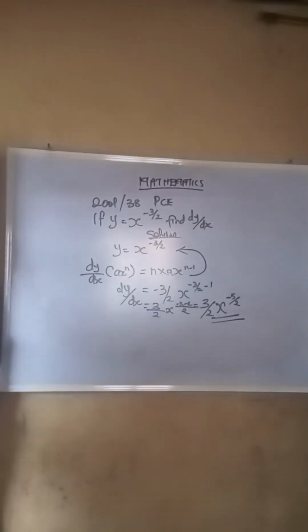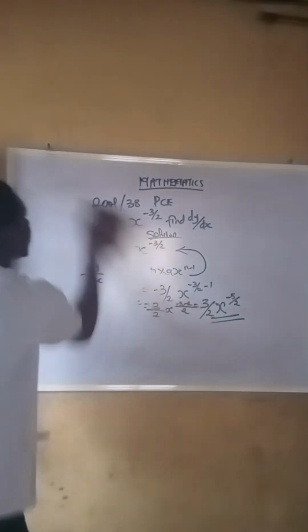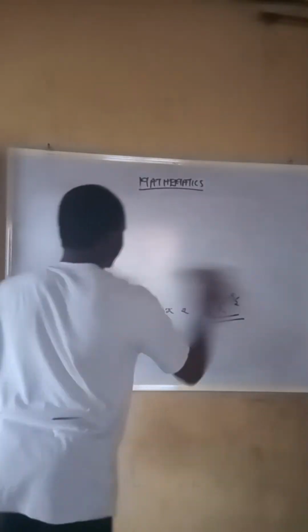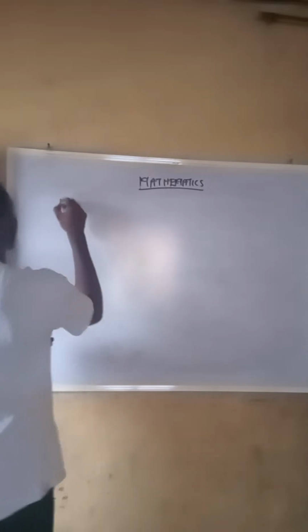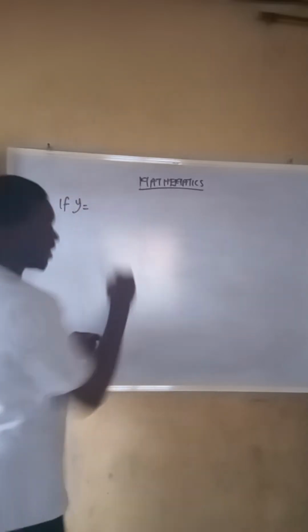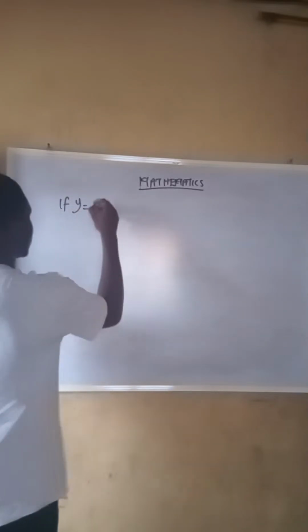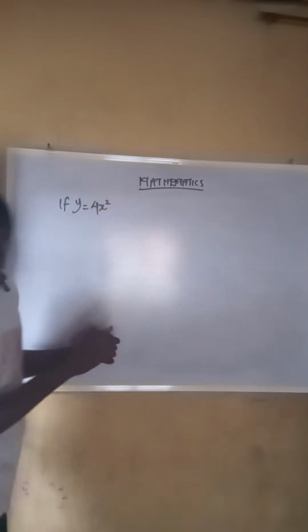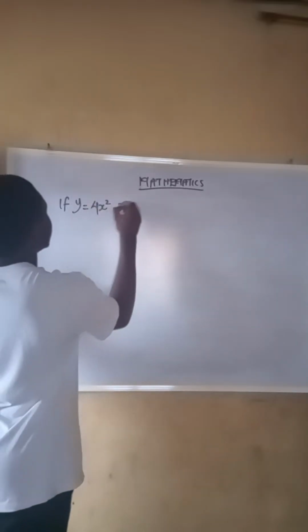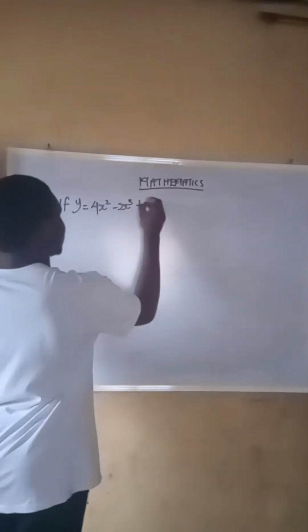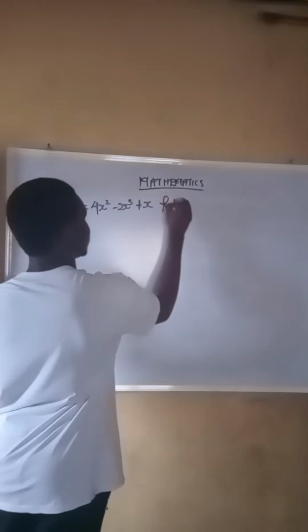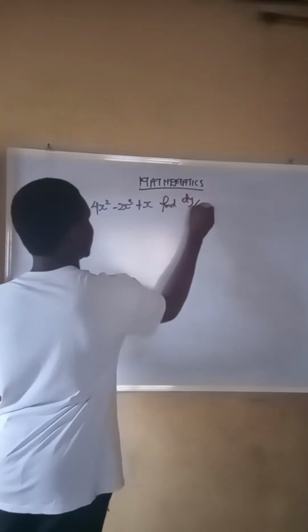So let's check what we have here. If y is equal to 4x to the power of 2 minus 2x to the power of 3 plus x, find dy over dx.